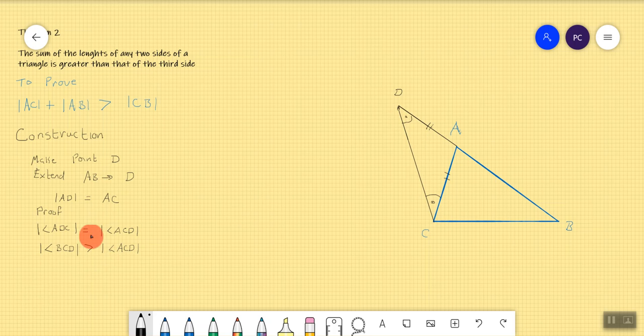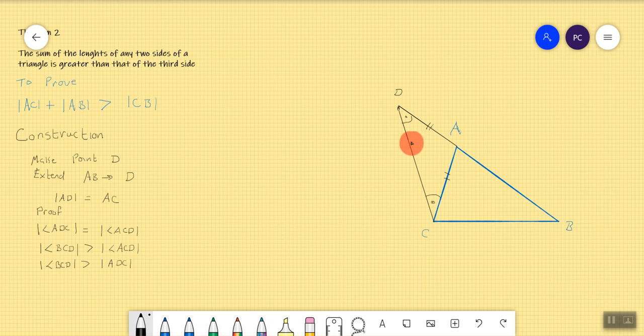So the angle BCD is also going to be bigger than the angle ADC. So basically this bigger angle is bigger than this one, and it's also bigger than this one as well, because these two are equal to each other.